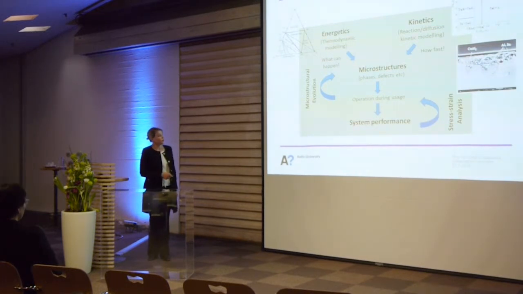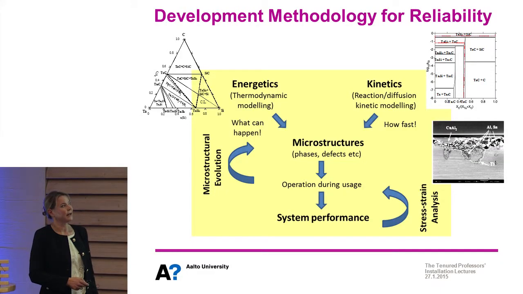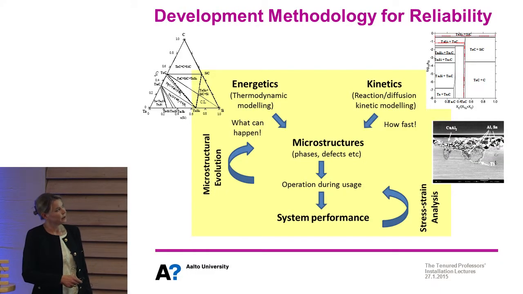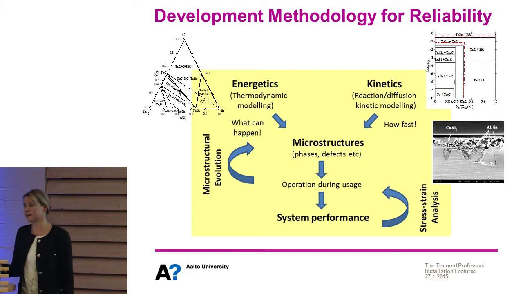And we should do a very careful microstructural analysis to understand the phase development, what phases we have after the manufacturing processes, and also how the microstructural evolution impacts those microstructures. So the interplay between these different tools, thermodynamic modeling, diffusion kinetic modeling, mechanical modeling, and microstructural analysis, is how we can really develop permanently high-performance systems.